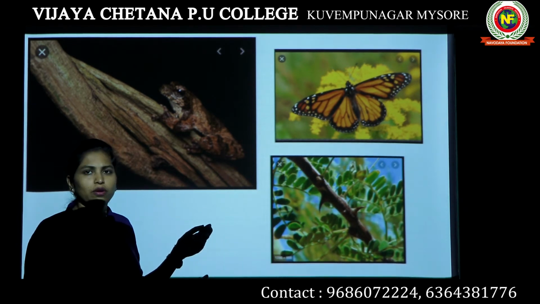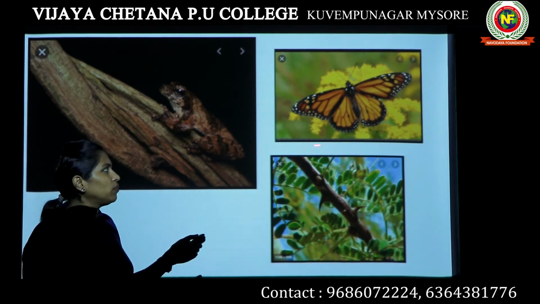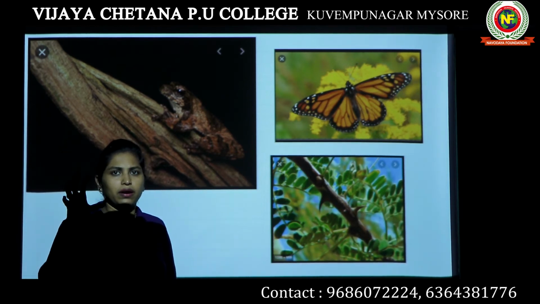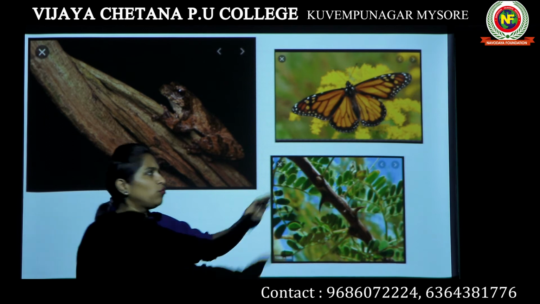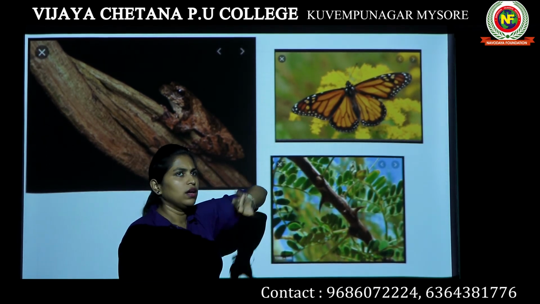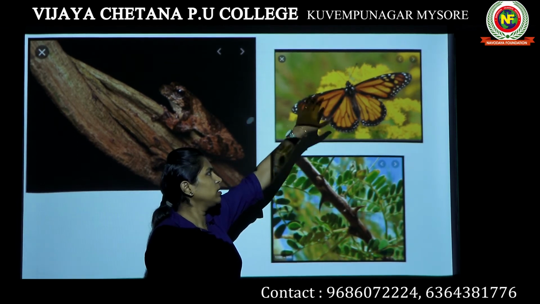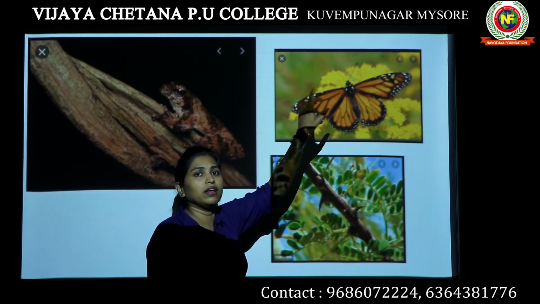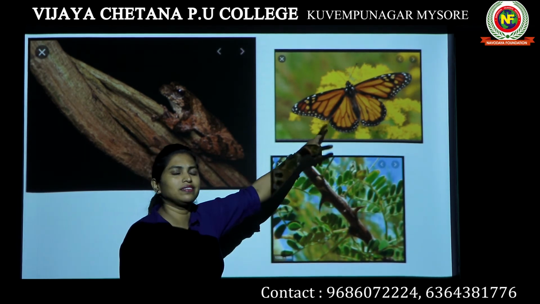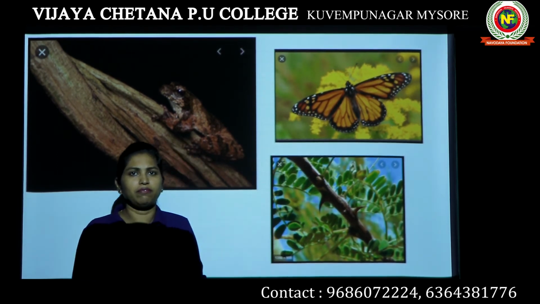Distasteful means it does not have a good taste. Let's take a bird. The bird is the predator for this butterfly, which is the prey. If a bird tries to eat this butterfly, it tastes so bad that the bird will not be interested in eating it.